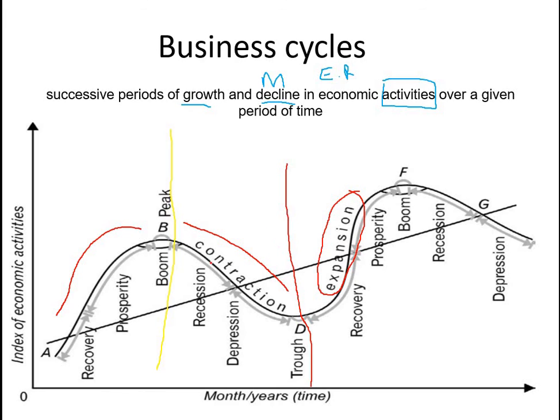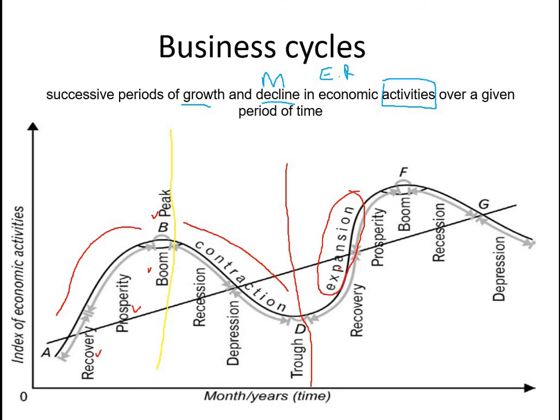Remember, these are the two periods in economics: the contraction and the expansion. So, looking at the whole diagram, we have the recovery, the prosperity, the boom and the peak, which are under the expansion.